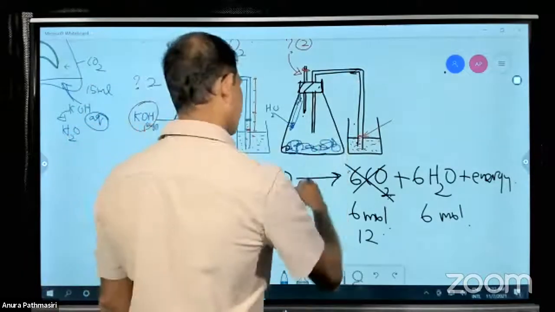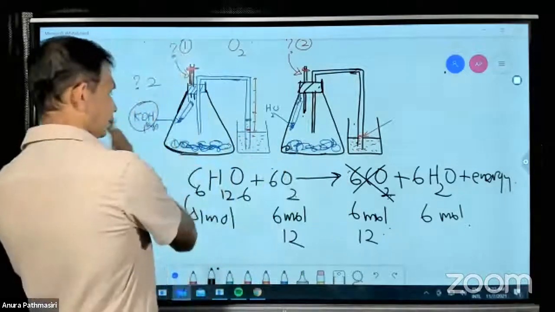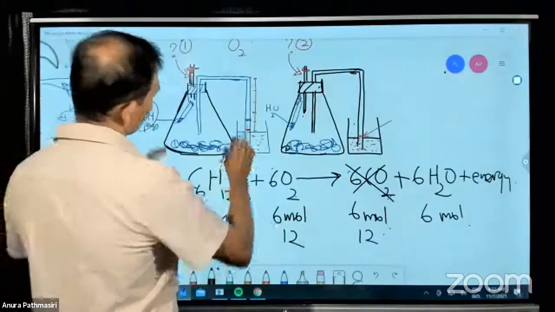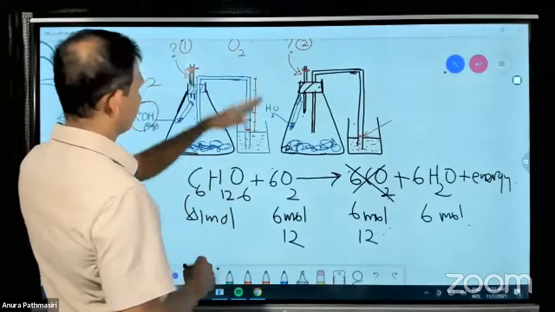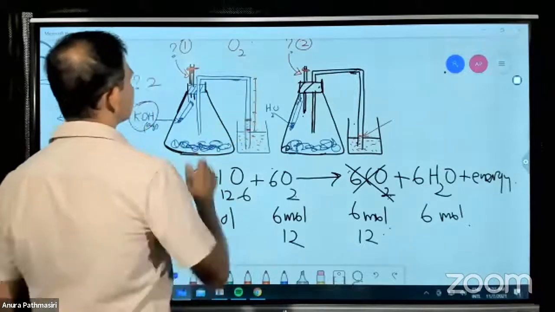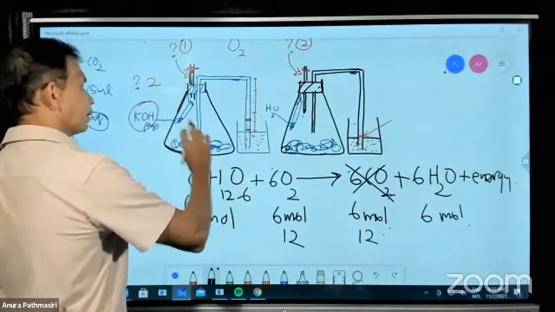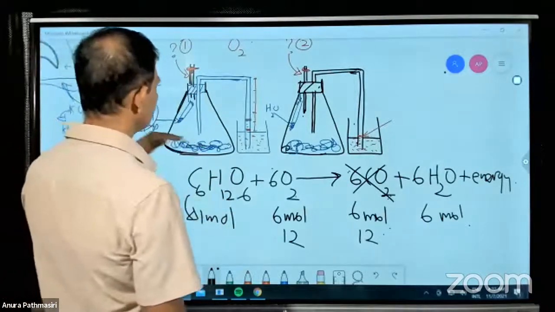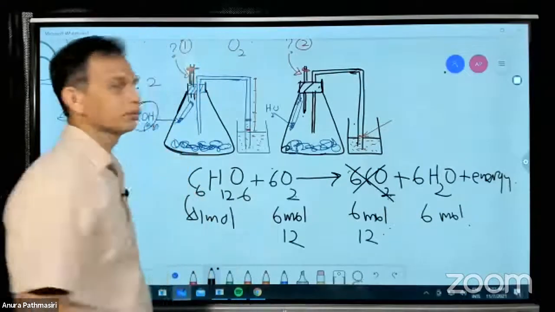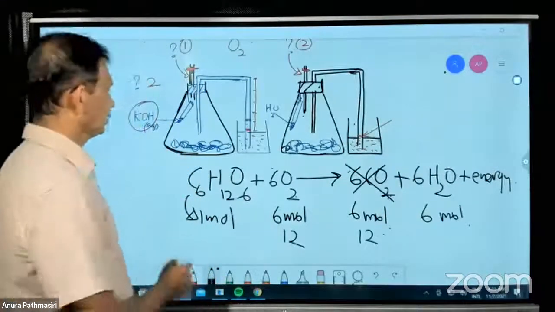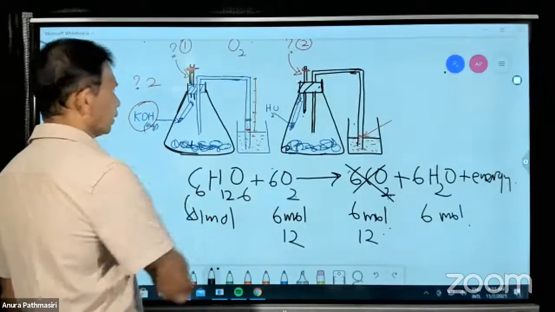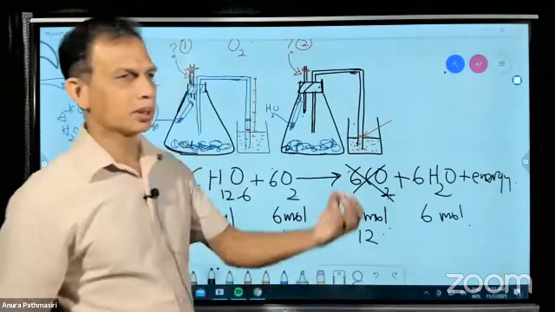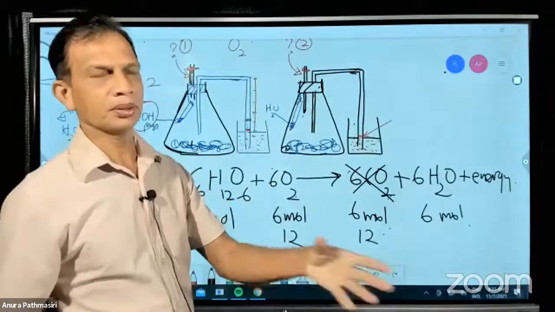So if you remove carbon dioxide, before fixing this one, and now after fixing this one, carbon dioxide will be absorbed from the atmosphere by potassium hydroxide. But when you keep it for a few hours, now the seeds are germinating. The germination is started after keeping it in the water for about a few hours.